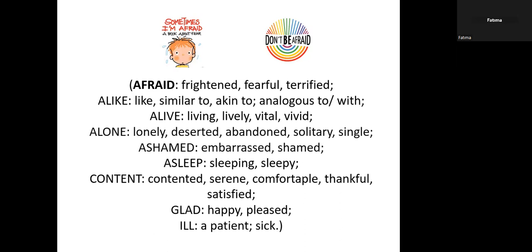Okay. Glad, as I said before, means, as you know, happy and pleased. But we can say only he is a happy child, he is a pleased child. Pleased is, again, from the passive structure, but also adjective and verb 3. Ill means a patient as a noun and sick as an adjective.